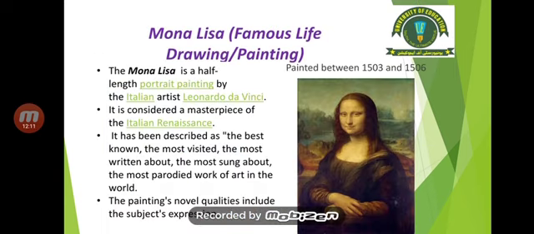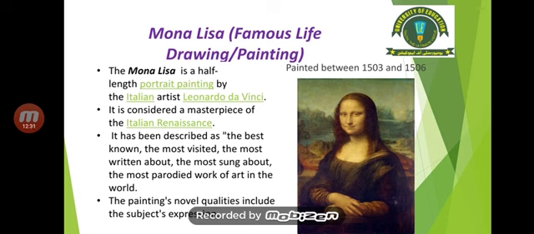Here is another example, the famous painting Mona Lisa, a famous drawing portrait by Leonardo da Vinci. Mona Lisa is a half-length portrait painting by Leonardo. It is considered a masterpiece of the Italian Renaissance.